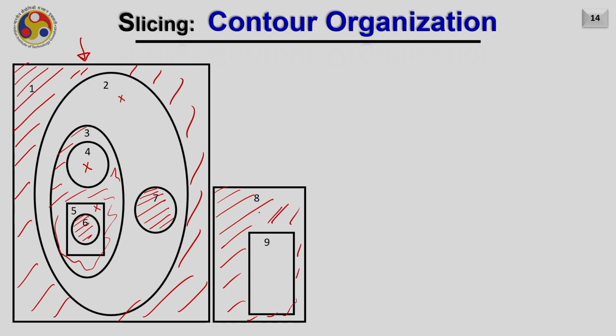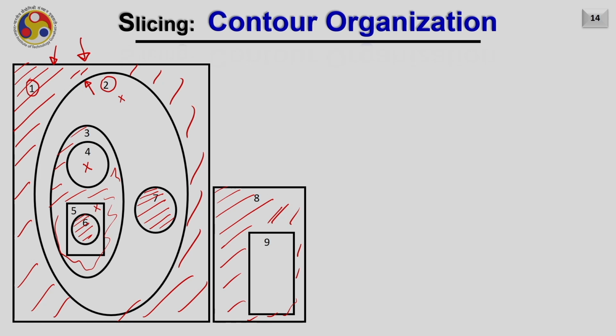Now, how can we identify these contours automatically? For example, contour number 1, which is this particular contour, is the exterior contour of the object, while the second contour is the interior contour of the object.